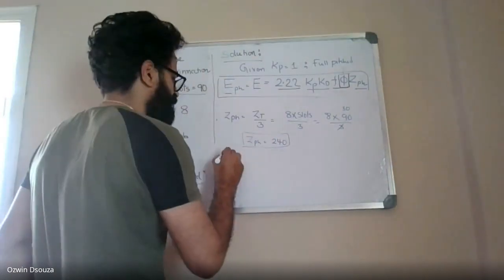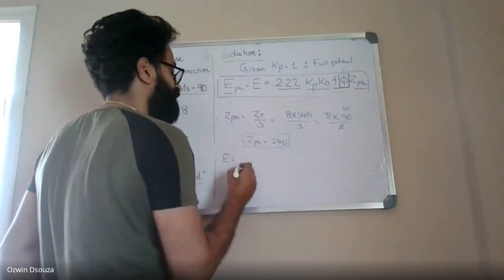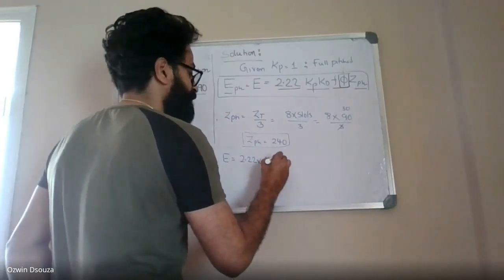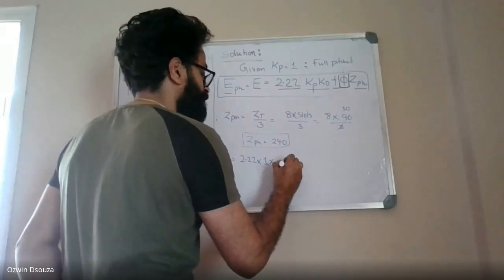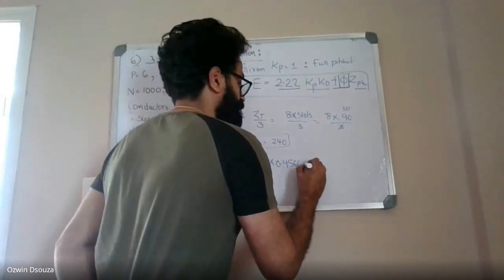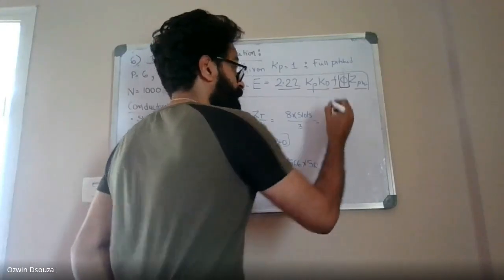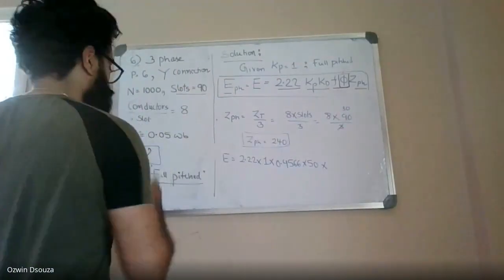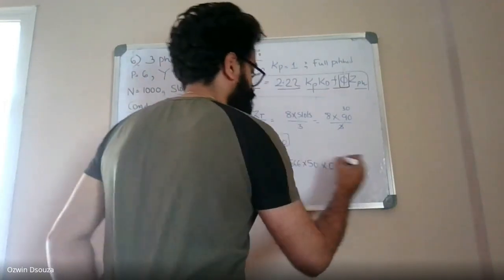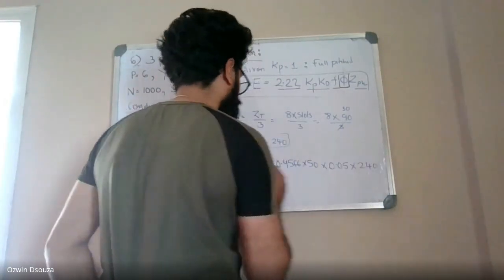So now you can find E phase, that's 2.22 into Kp, which is 1, Kd is 0.9566, into frequency, into the flux value, which is 0.05, into Z phase, that's 240.